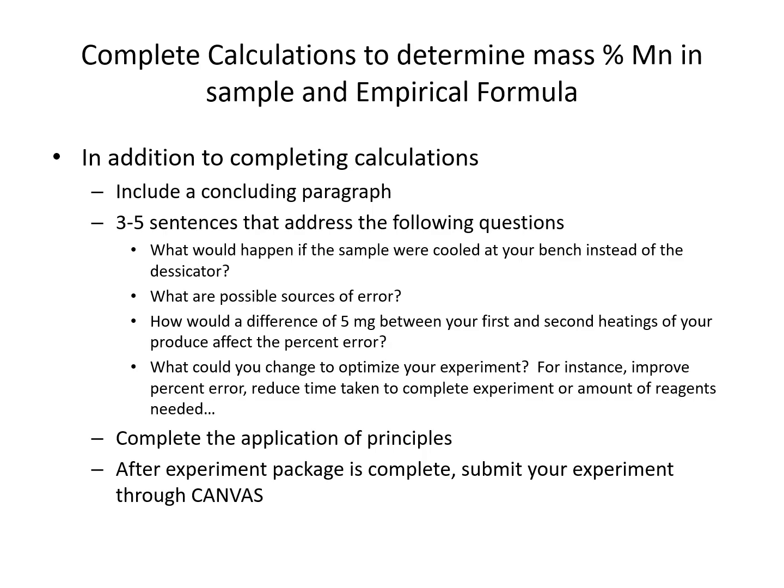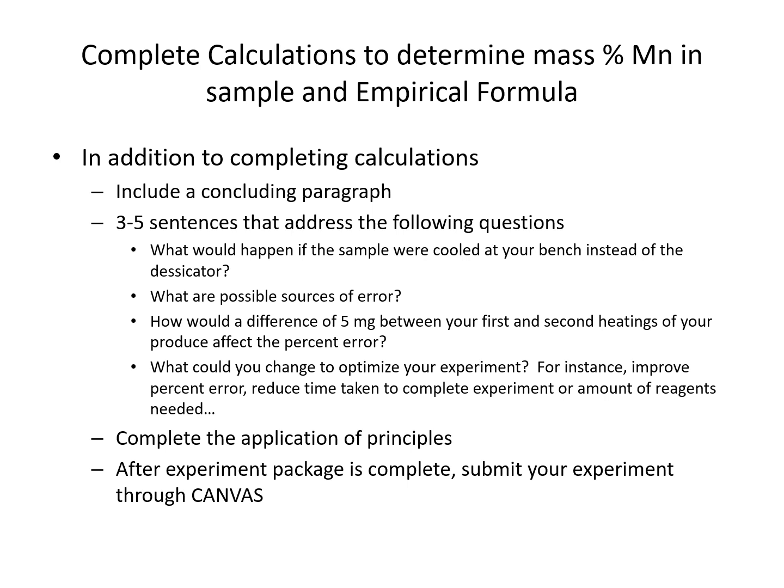First, think about the experiment itself. What would happen if the sample were cooled at your bench instead of the desiccator? What are the sources of error? Okay, because you've calculated your percent error. So what could be the sources? Why isn't it perfect? If you had a difference of, let's say, 5 milligrams between your first and second heatings, how would that affect your percent error?